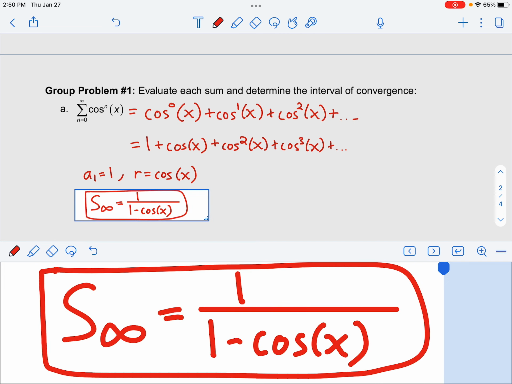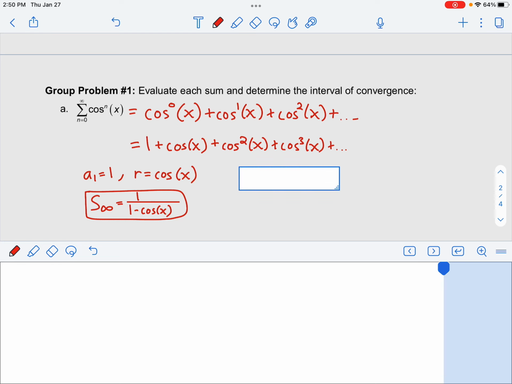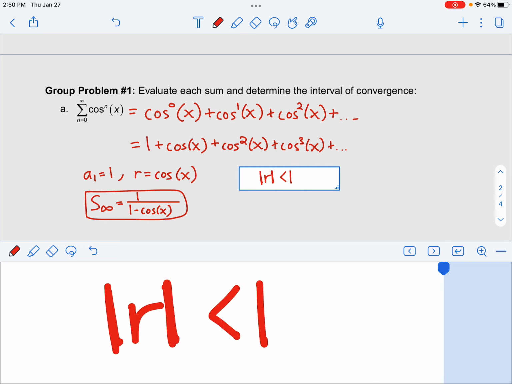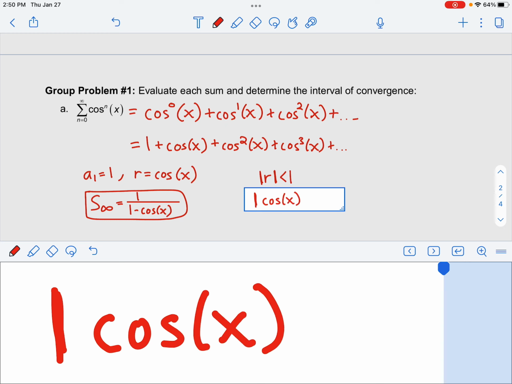Now the interval of convergence on this one is a little odd. Again, we want r, the common ratio, to have its absolute value less than 1. For this one, it gets a little goofy. That means we want the absolute value of cosine of x to be less than 1.